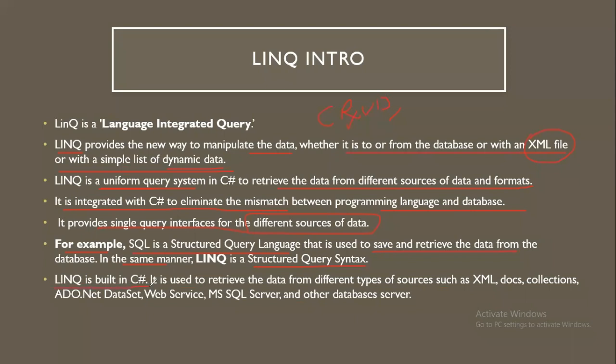LINQ is built in C#. It is used to retrieve data from different types of sources such as XML documents, collections, ADO.NET datasets, web services, MS SQL Server, and other database servers like Oracle, Informix, MySQL, PostgreSQL, etc. It can work with all of them.